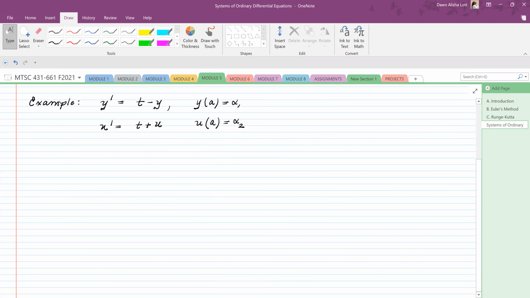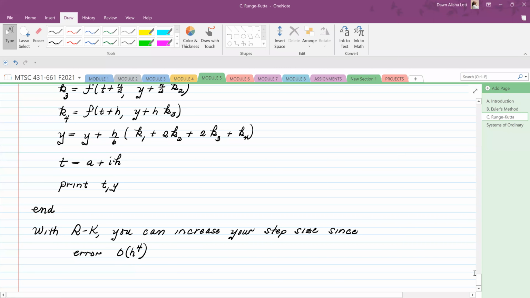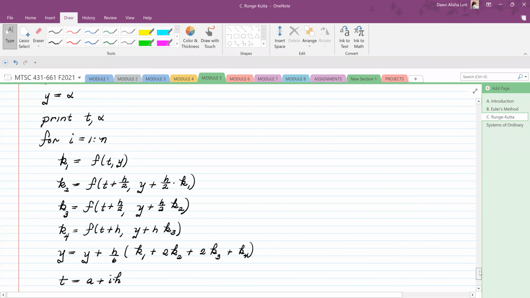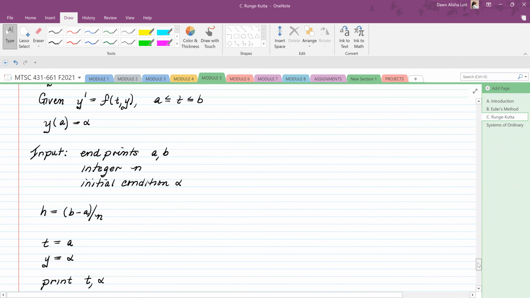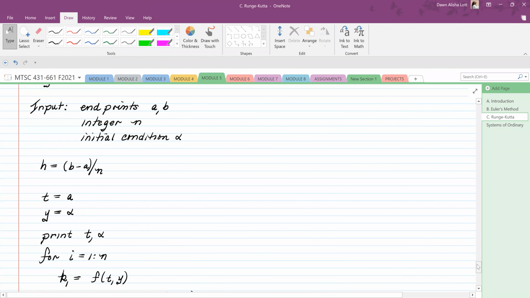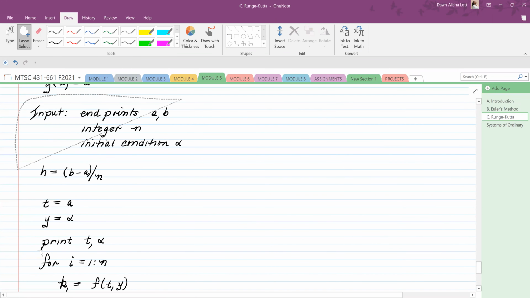Okay, so again, let's go back to what we have for our Runge-Kutta algorithm. So with our algorithm, we're going to need the same stuff, so we're going to need this, but I'm going to modify it.